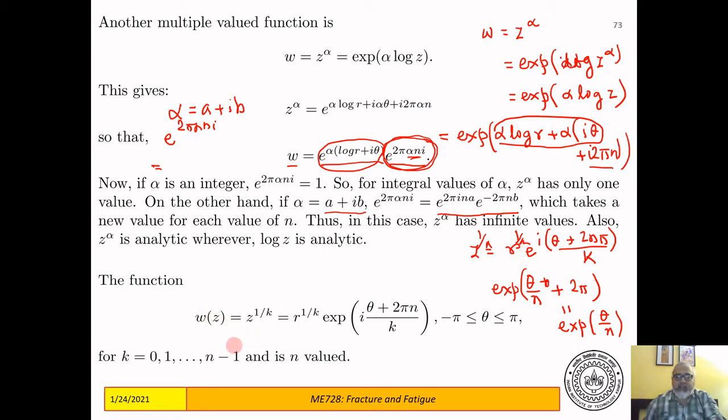And therefore z to the power 1 by n has n branches. It is n valued, going from 0 to n minus 1. At n equal to n, it comes back to the value at 0. So till then it has different values.